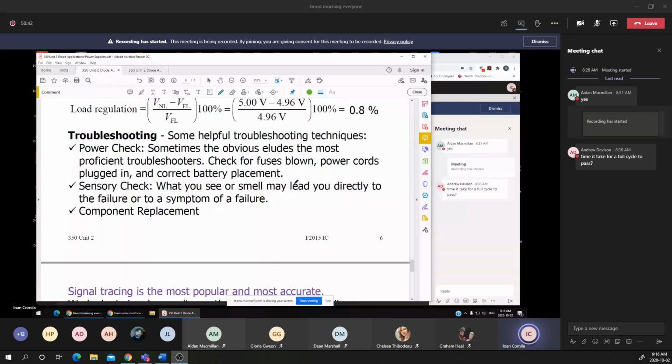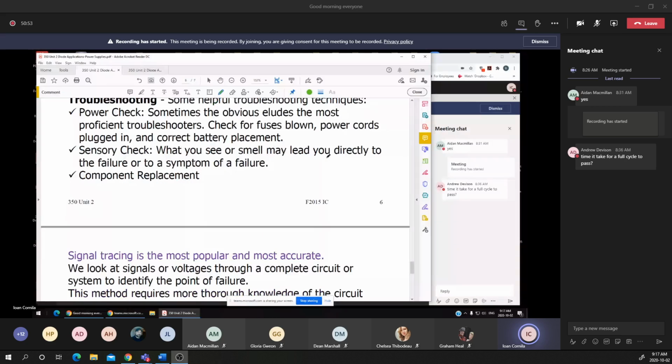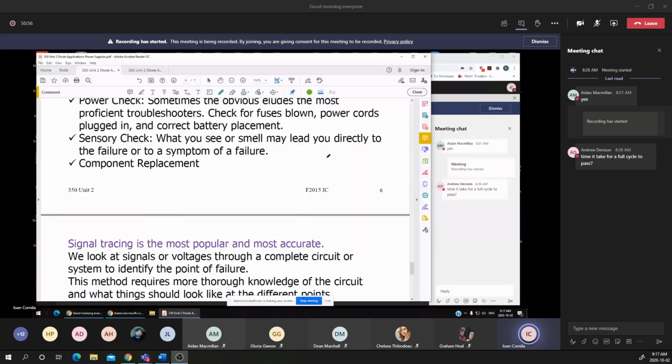Sometimes it's just the fuses, and sometimes it's the input voltage or the transformer that may be wrong. Sometimes you'll have a sensor that must be checked. We can do a visual inspection. We can smell if it smells like burning, or any other components that have to be replaced, using an oscilloscope.